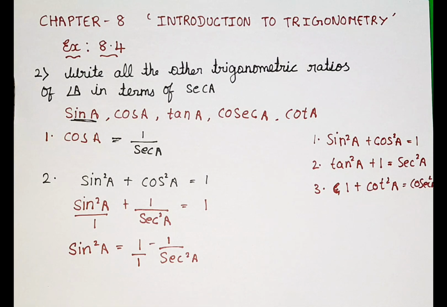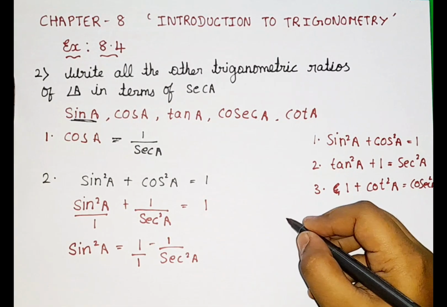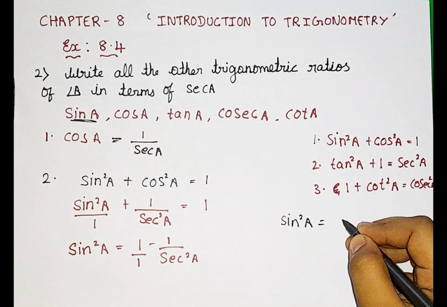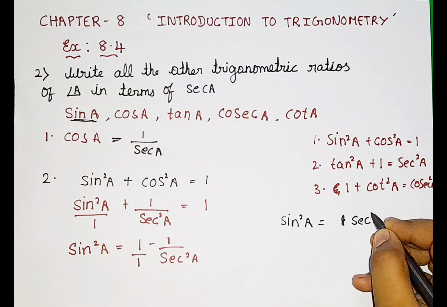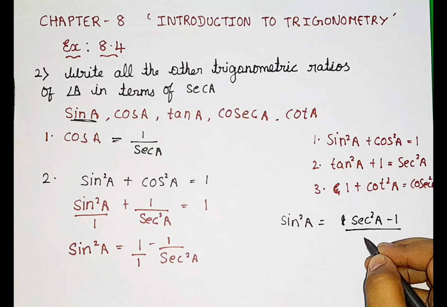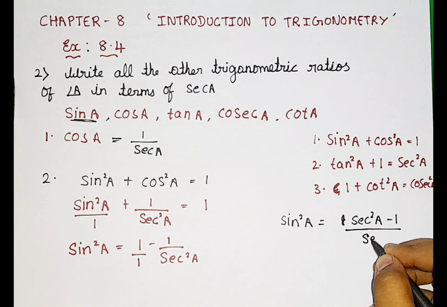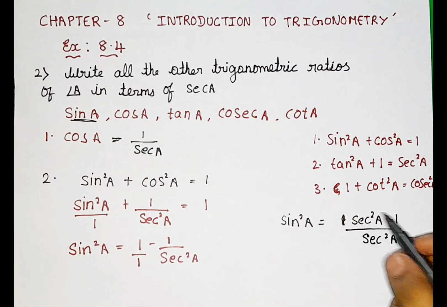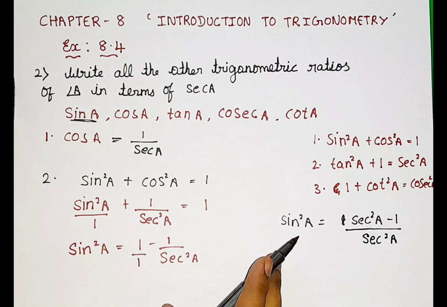So when we take LCM, we will get sin square A is equal to secant square A minus 1 divided by secant square A.